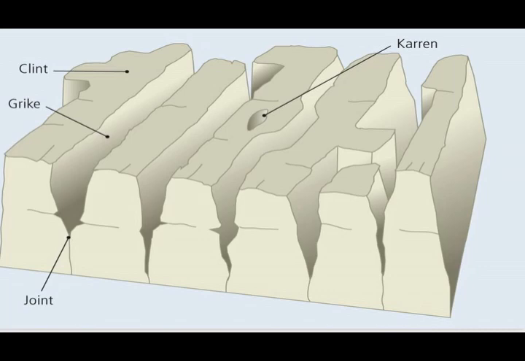And the rocks that are there are what we call the clints. So the rocks adjacent to the spaces or the openings in the limestone pavement are what we call the clints, and the spaces that are between the rocks are what we call the grikes.